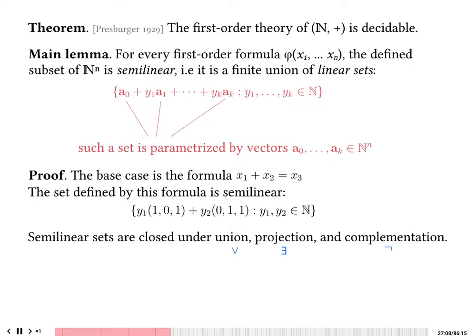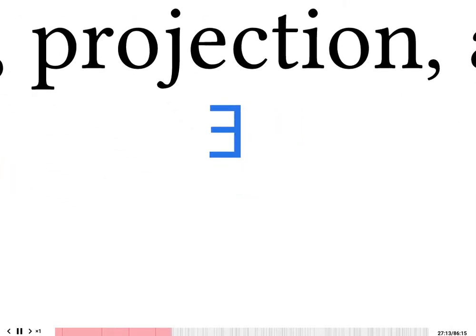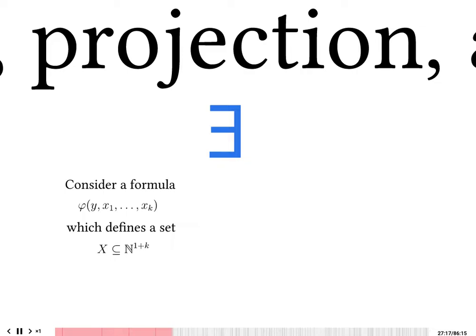So what do I mean by projection, and why does that correspond to existential quantification? Imagine you have a formula with k plus 1 variables: one variable y and then k other variables. The semantics of this formula is a relation on natural numbers whose arity is k plus 1.